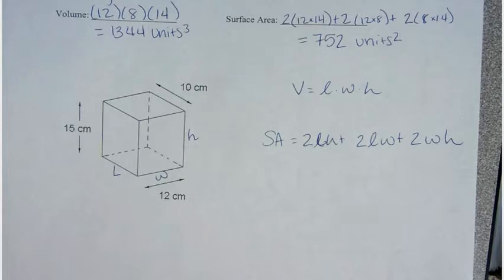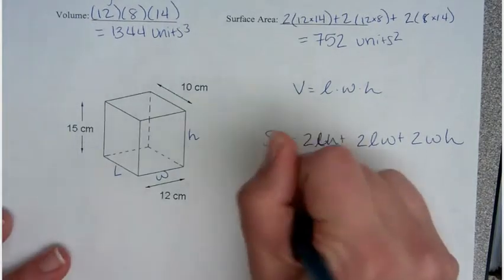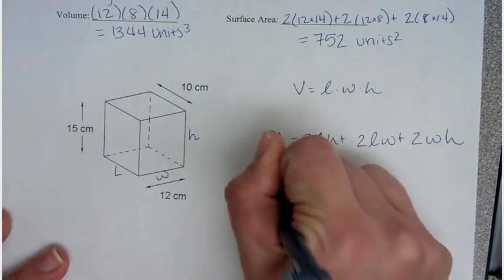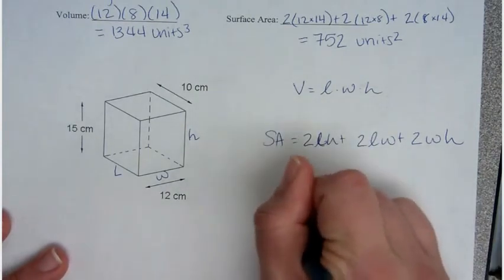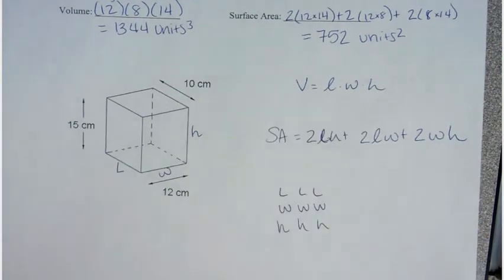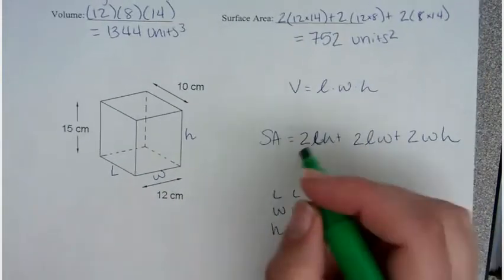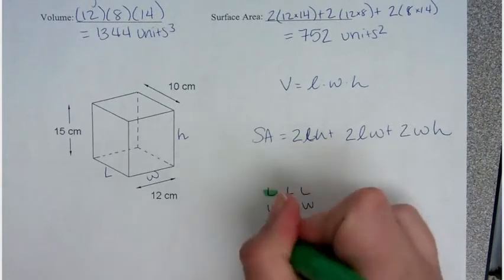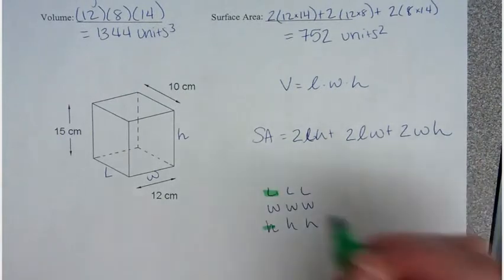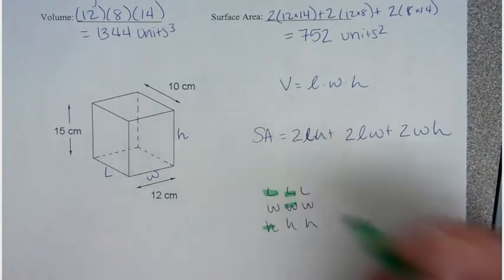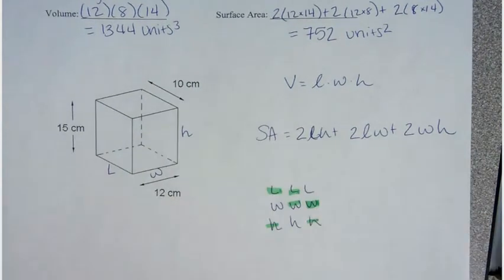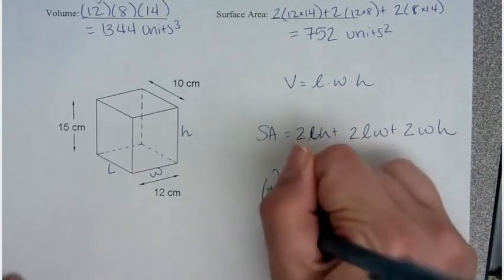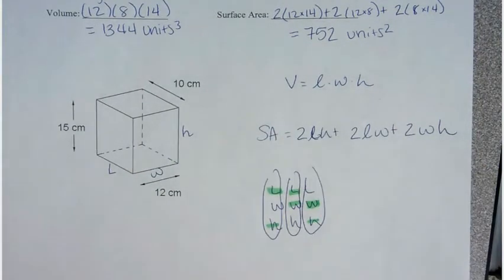Okay, and remember, it's like you're taking different combinations of the length, width, and height. So it's like with the first one, we're taking the first and last thing in the column. Then in the second one, we're taking the first and second thing. Then in the third one, we're taking the second and last thing. So do you guys see how in each column we have a different combination of those pieces?